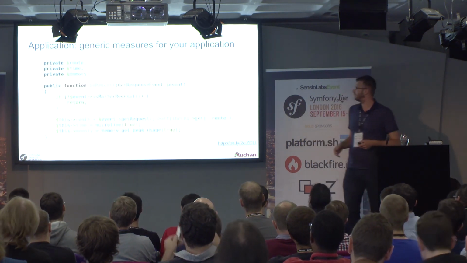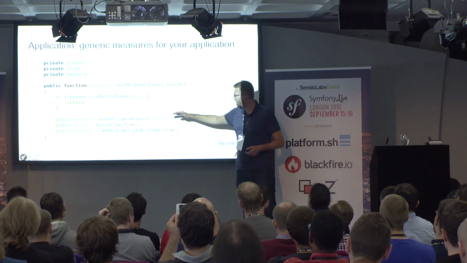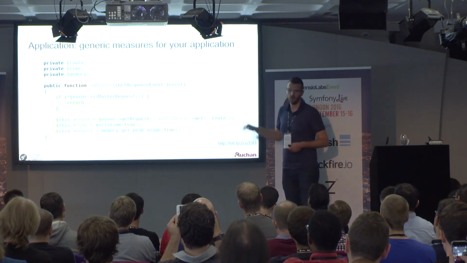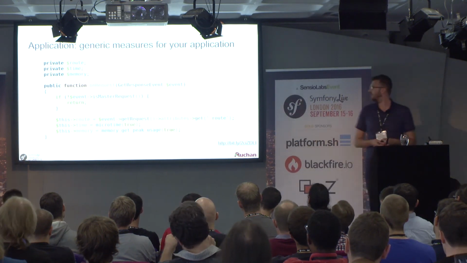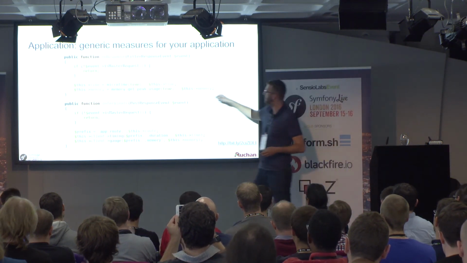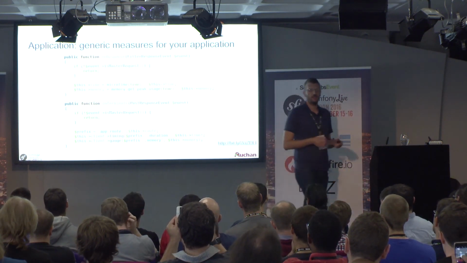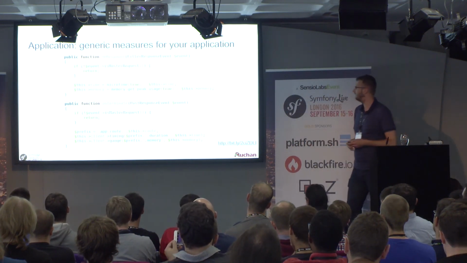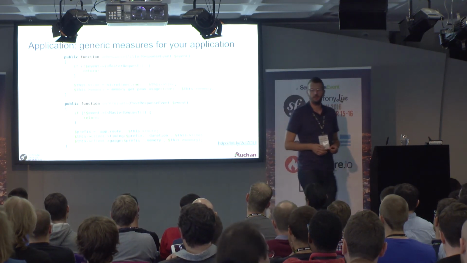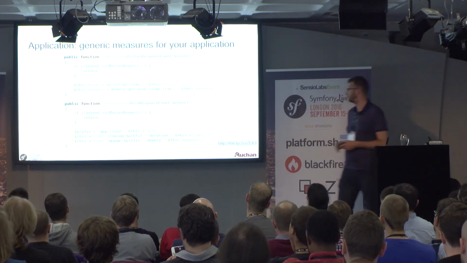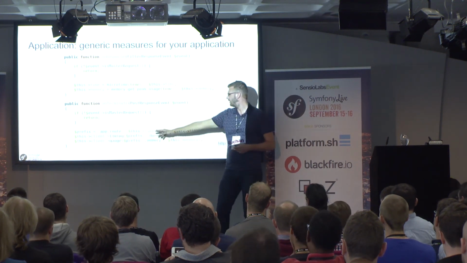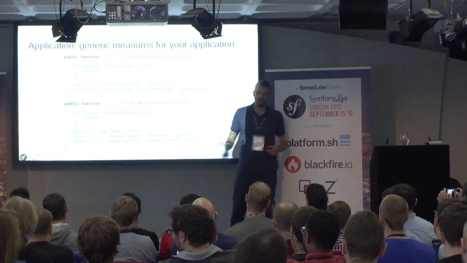On the request, you start measuring. I want the time by now. I want the memory usage by now. I want the route name. You get those metrics. When you send your response to the client, you store the actual time and actual memory. And on terminate, which means after the response was sent to the client, you store them in the metric storage with the name being app route, for example, homepage duration, homepage memory.